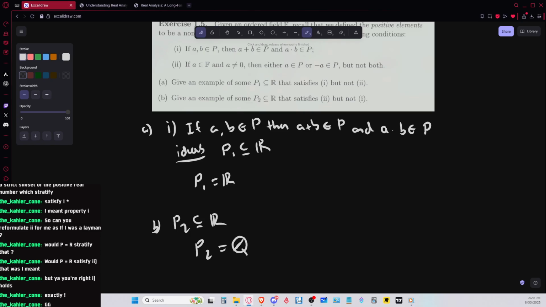Now, is that correct though? Because it satisfies 2. And I think it won't satisfy 1, because since it is the rational numbers, it's going to be missing some things, which you cannot do in addition and multiplication, such as the square root numbers.